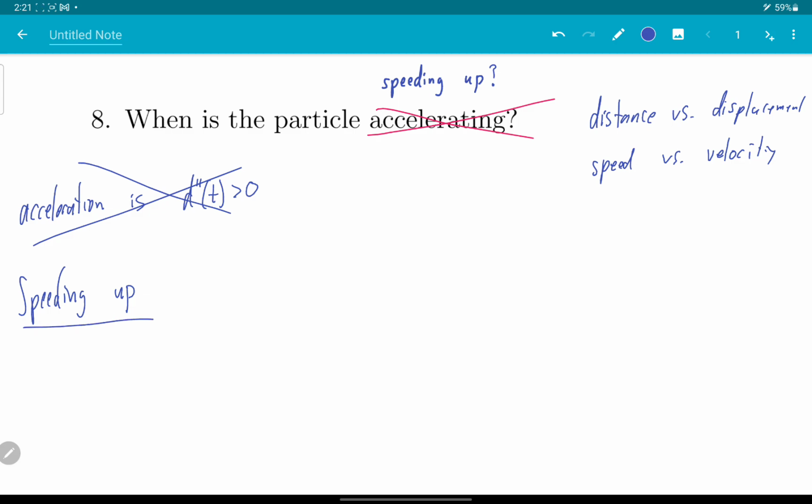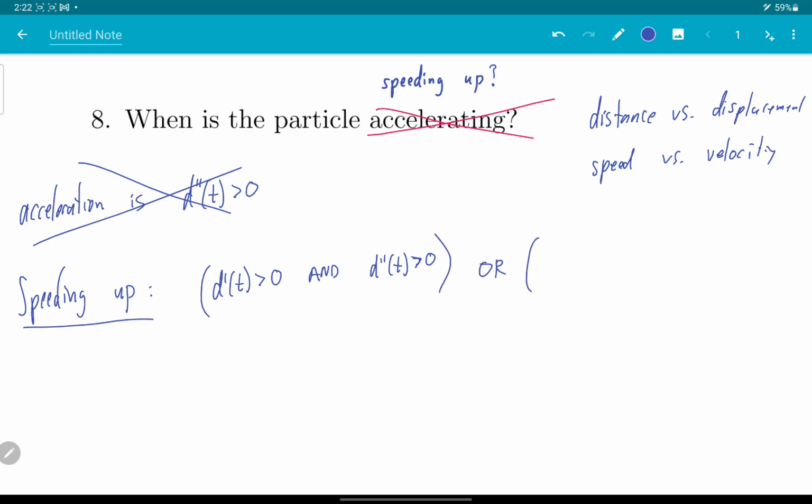Two possibilities. Now you can have, if you're moving in the positive direction, and I'm going faster in that direction, we'll call that speeding up. That's one.